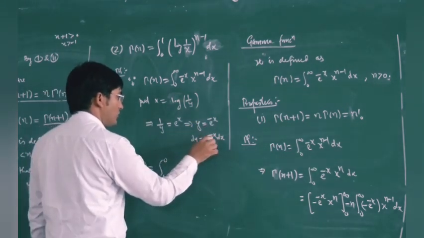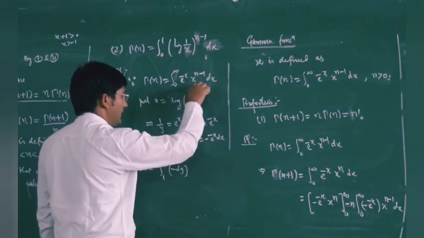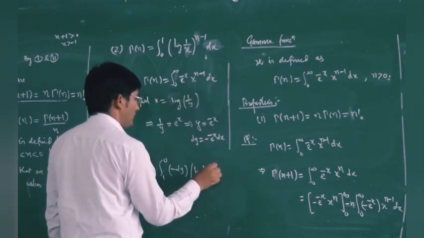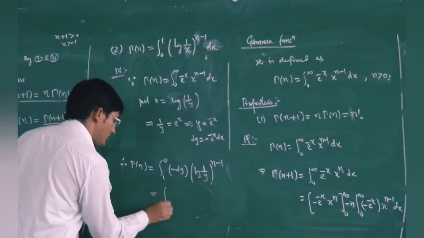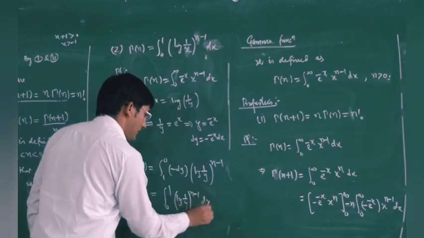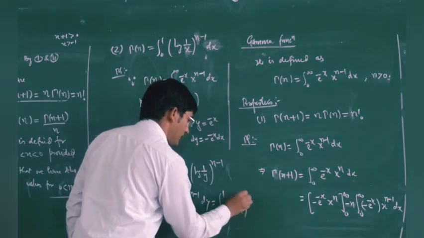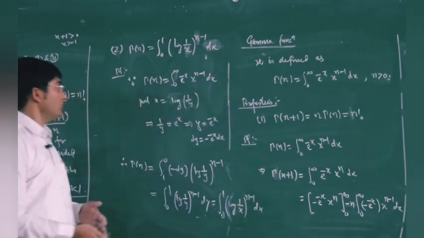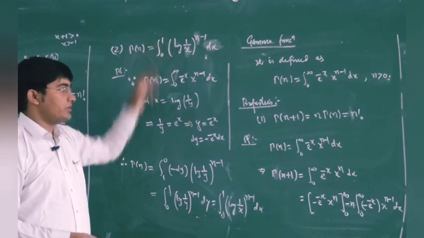Now e power minus x into dx is your minus dy, and then we will have x power n minus 1, so log 1 upon y power n minus 1 into dy. Interchange the limits. So we have 0 to 1 log 1 upon y power n minus 1 into dy, and again in a definite integral we can change our variable. So this is the value of gamma n when your limits are from 0 to 1.